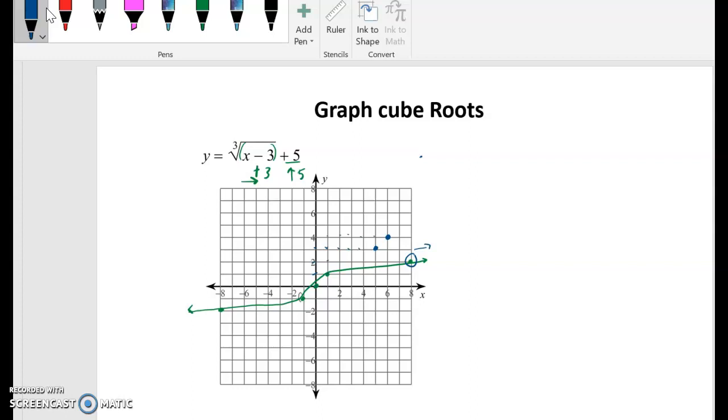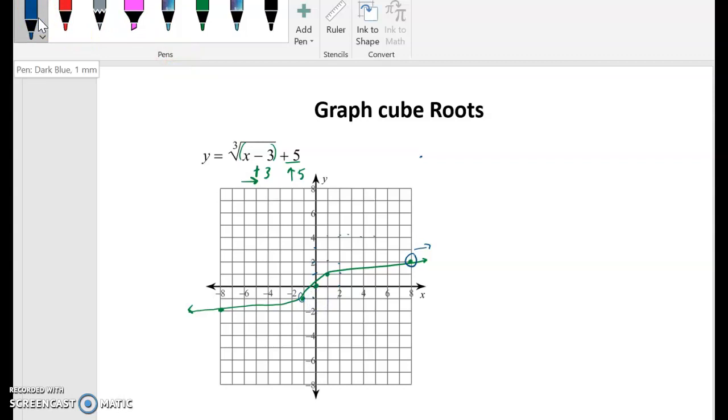Go back to (-1, -1). It gets moved right 1, 2, 3, and then up 1, 2, 3, 4. I messed up. All right, let's start over. Let's go back and erase those points. I'm sorry about that. We got caught up in trying to talk and draw at the same time.